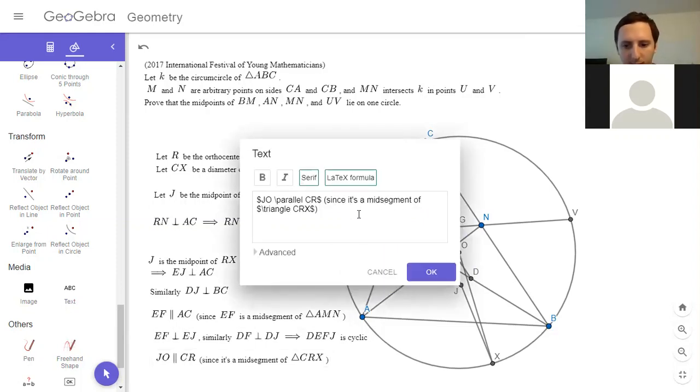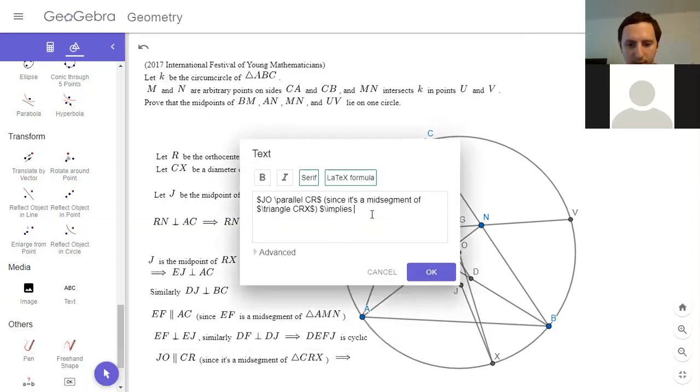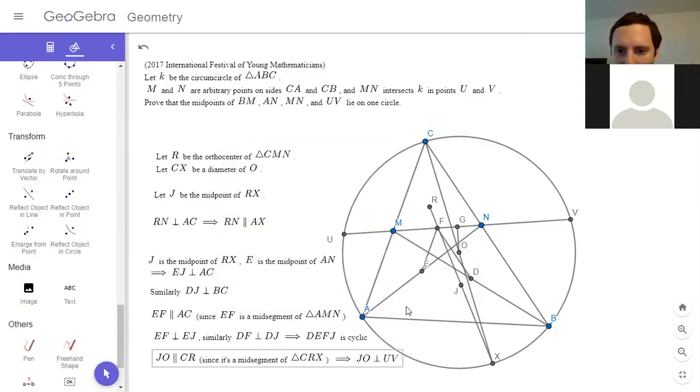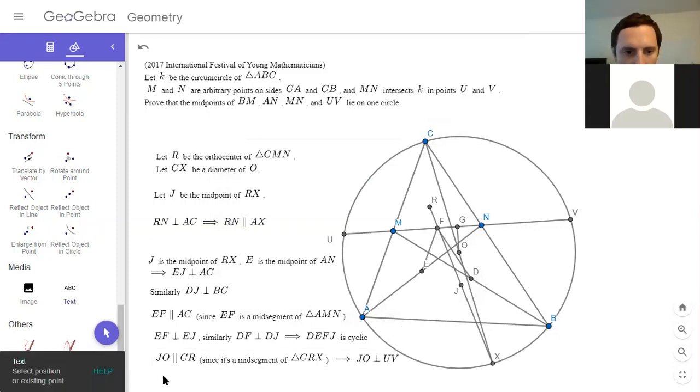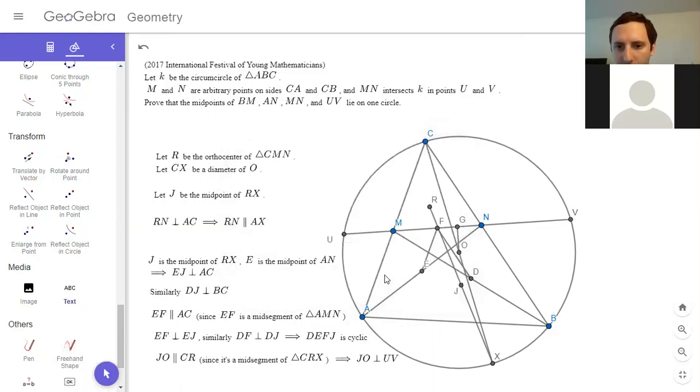So that means that JO is perpendicular to UV. And so JO and G, that means angle JGF is equal to 90. And that solves the problem.